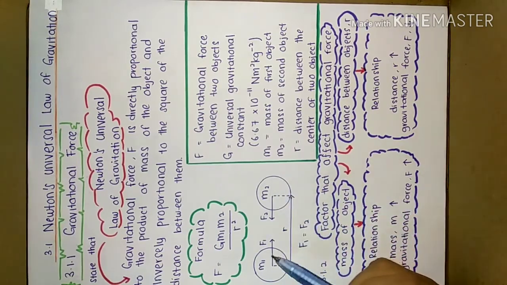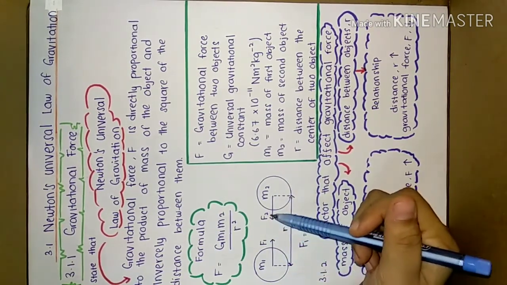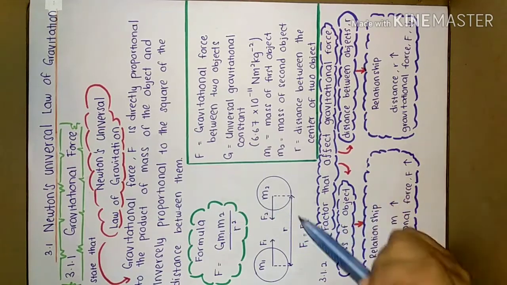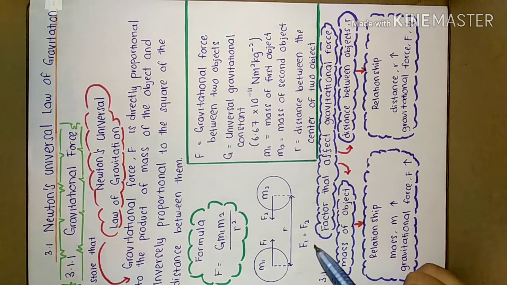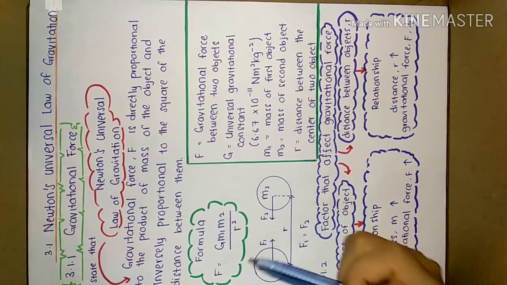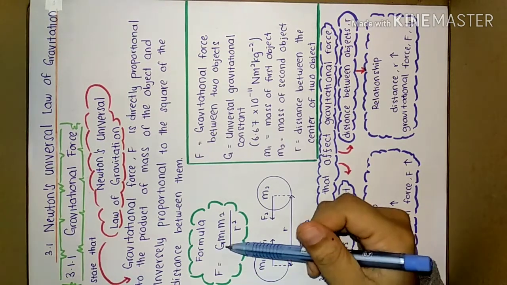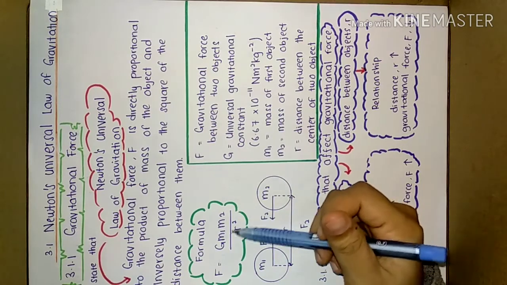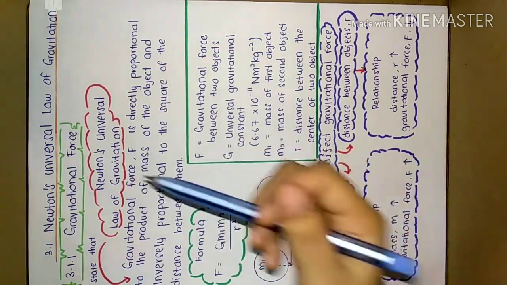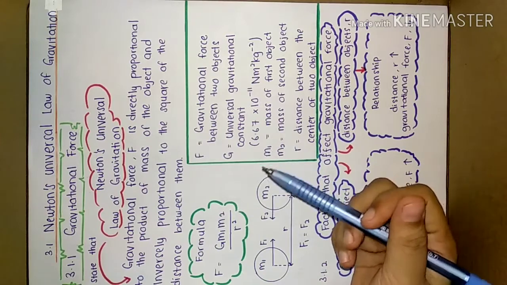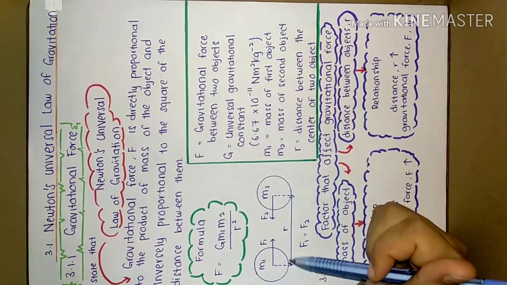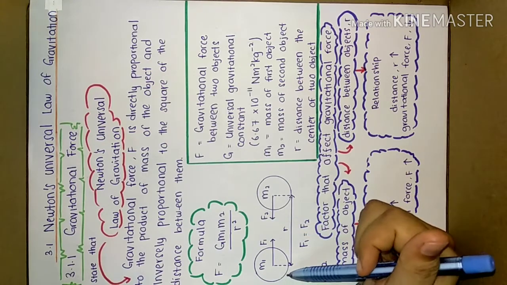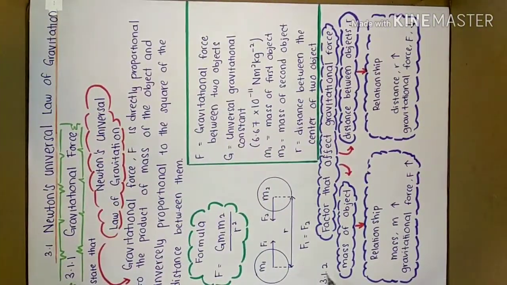So, F1 is equal to F2, and because of this, we have F equal to G M1 M2 over R squared. So dekat sini, Newton's universal law of gravitation ni, dia explain bila terdapat dua objek akan ada satu tarikan gravitational force between two objects. Okay, let's move to the next, 3.1.2.